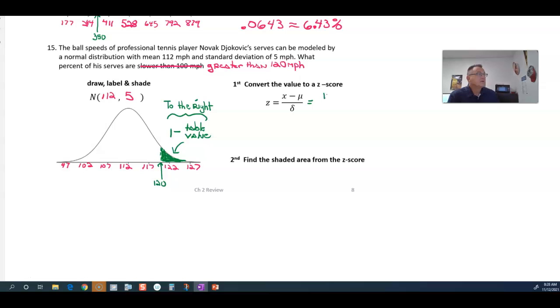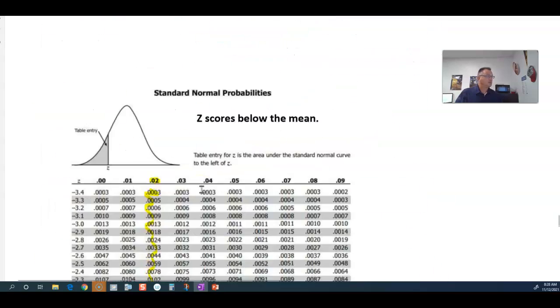All right, so we got 120 divided by 5. Okay, so we find that on our table, 1.6.